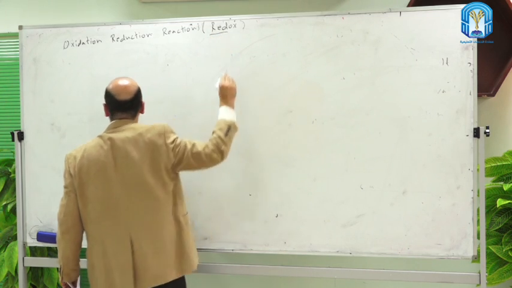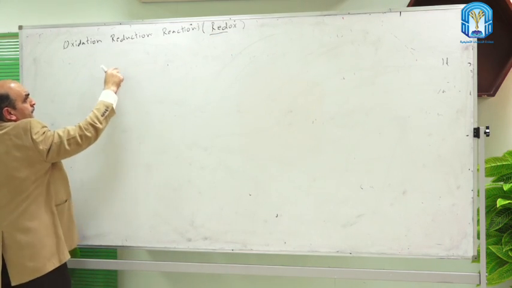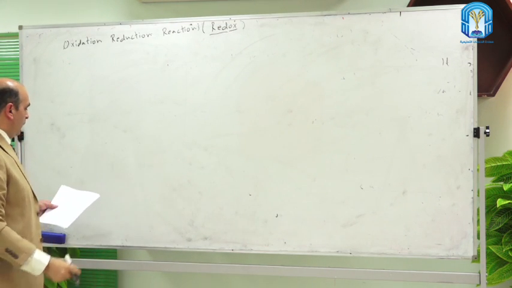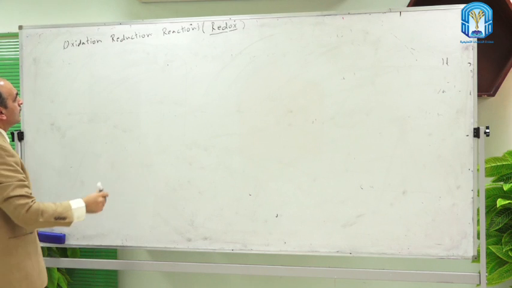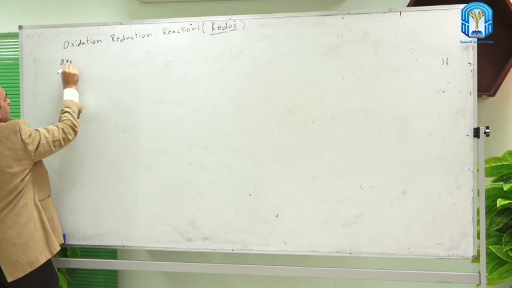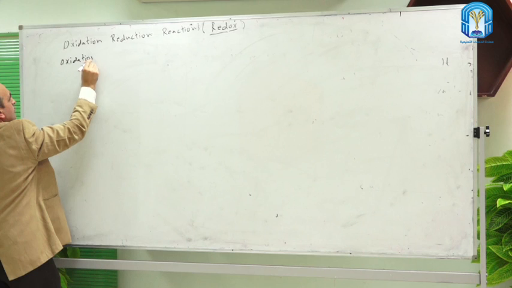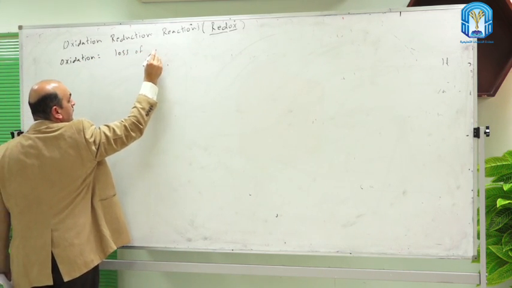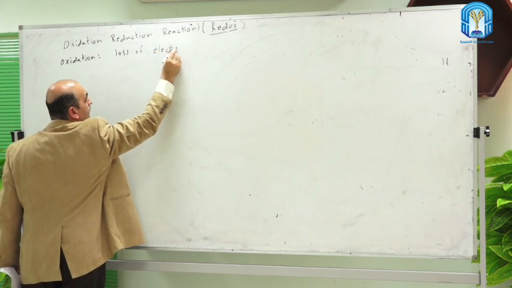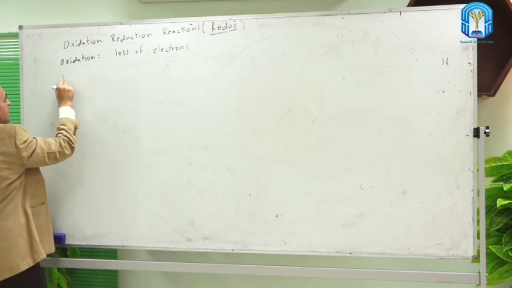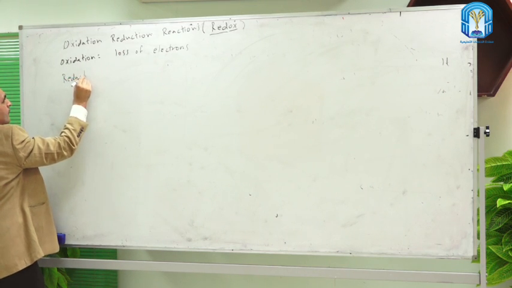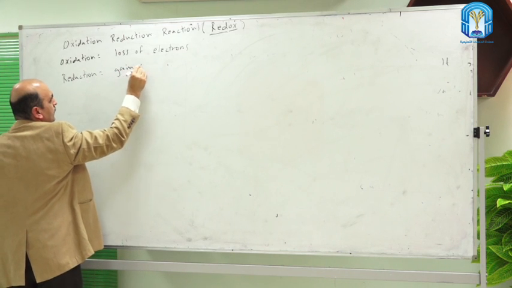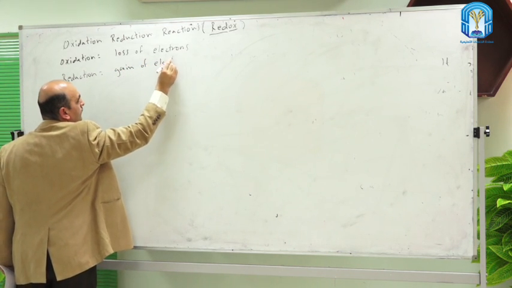In redox, RED stands for reduction, and OX stands for oxidation. Oxidation means loss of electrons, فقد الكترونات. And reduction means gain of electrons, كسب الكترونات.